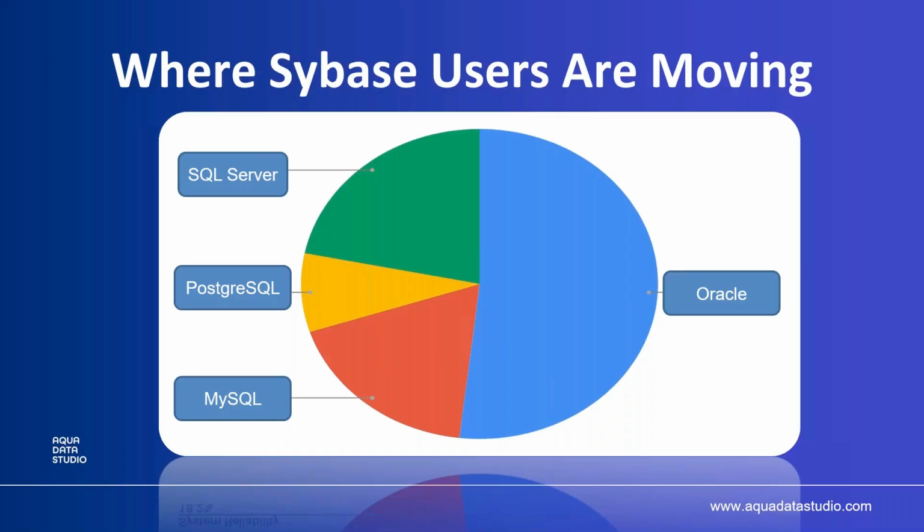PostgreSQL is growing rapidly as well, thanks to its low cost and strong open source community. And some organizations move to Oracle or MySQL, depending on their internal overall strategy. The pattern is clear. Organizations are choosing platforms with large communities, active development, long-term roadmaps, and plentiful expertise.